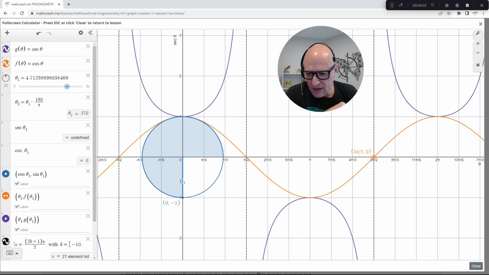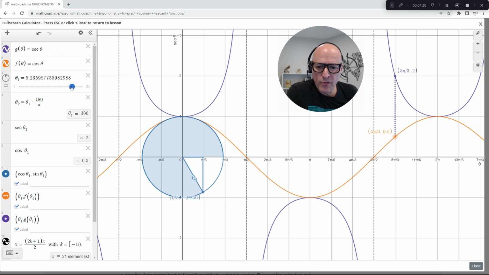And I'm using this little formula here. Basically, at every odd integer multiple of pi over 2, there's an asymptote. That's where the cosine function is 0, and the secant function has an asymptote. It approaches that, but never gets there. Continuing through quadrant 4, now we're into the positive zone, where we have positive x values for the adjacent side.